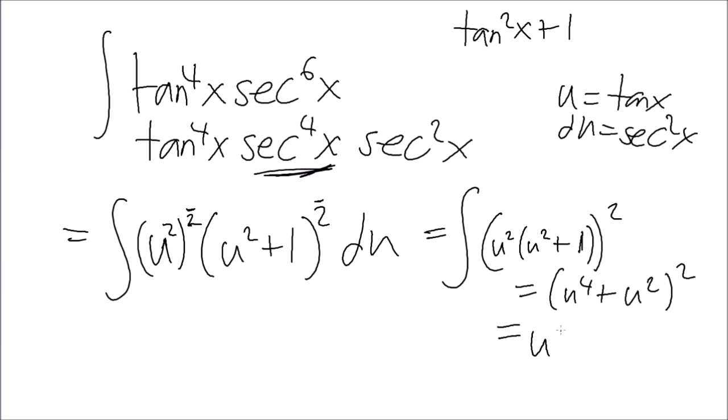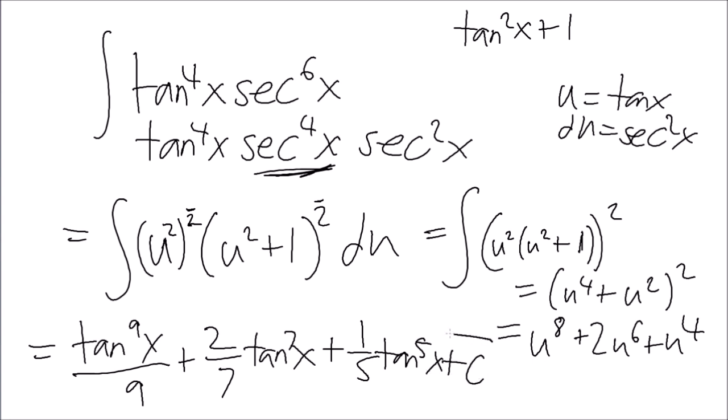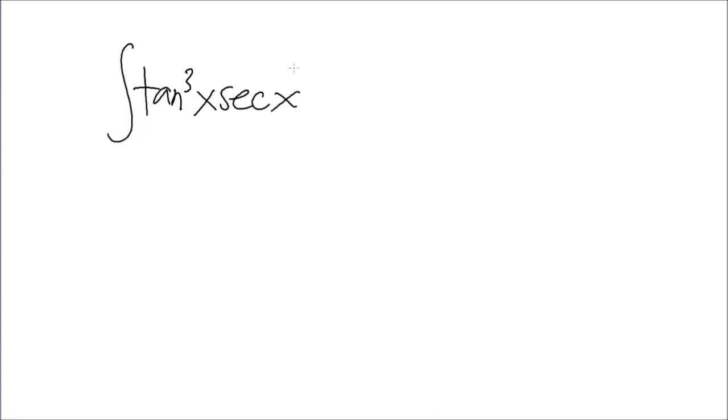And then if we square it, it gives us u to the power of 8, plus 2u to the 6 plus u to the 4. Okay, so this whole integral is going to be tangent 9x over 9 plus 2/7 tangent 7 plus 1/5 tangent 5 plus c, and you're good to go.